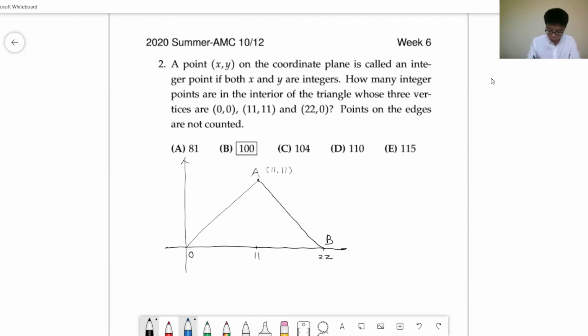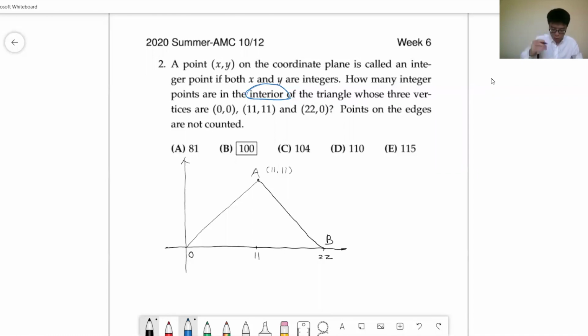So first we know that we want to count the number of points in the interior of the triangle. The points on the boundary are not counted. Let's see how many points there are. OA has slope 1. AB has slope -1.